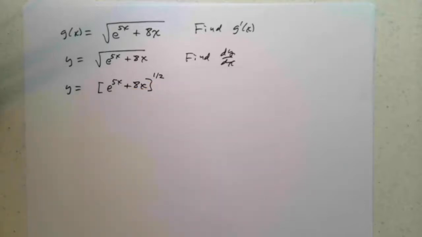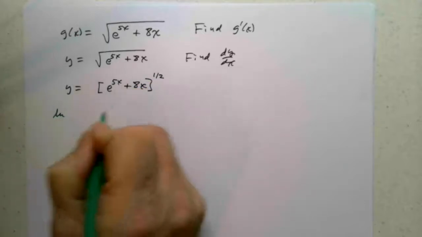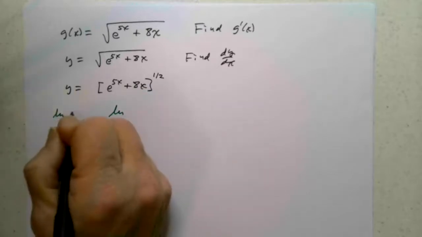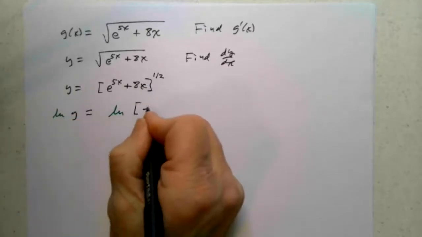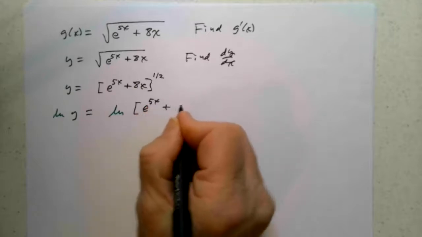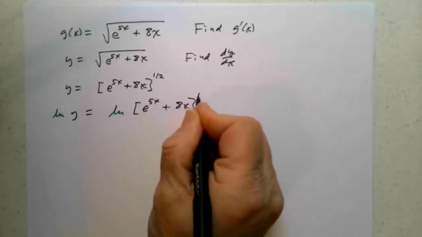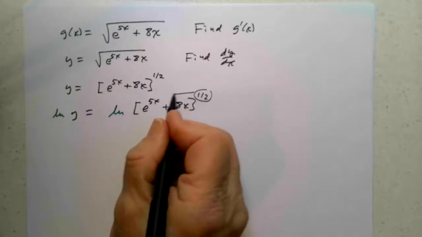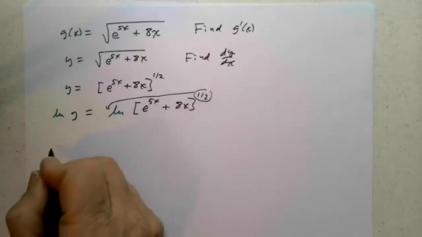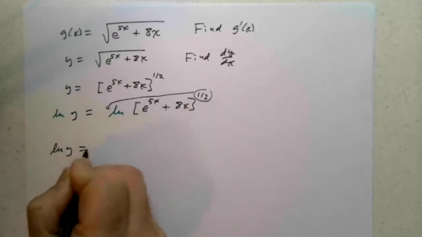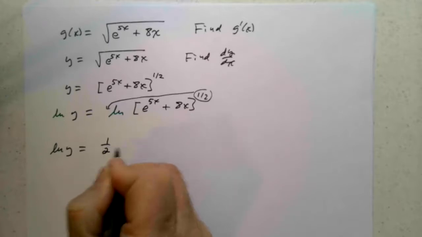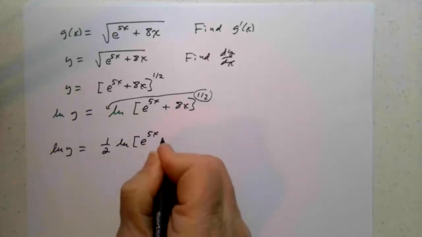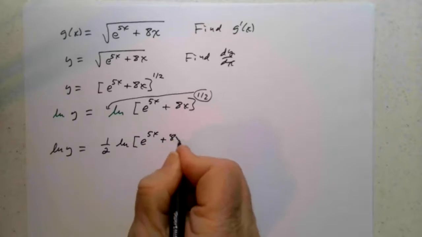Let's take the natural log of both sides first. Natural log of the left, natural log of the right. Natural log of y equals natural log of e to the 5x plus 8x raised to the 1/2 power. The 1/2 power comes down in front. Natural log of y is 1/2 times the natural log of e to the 5x plus 8x.